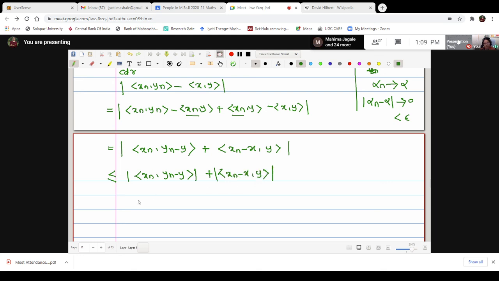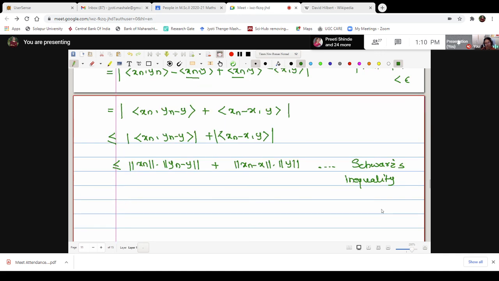Now again we will use Schwarz inequality to write this as norm xn into norm yn minus y added with norm xn minus x into norm of y. Which inequality? Schwarz. Schwarz is helping us much while proving many of the results. Therefore, this is by Schwarz inequality.